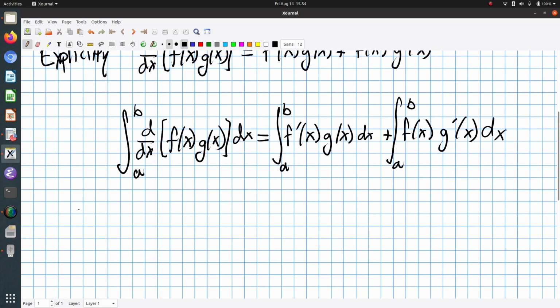Now when I do that, you'll notice right away that the left side here is the integral of a derivative. The fundamental theorem of calculus tells me exactly what this is. This is f of x times g of x, evaluated between a and b. This other side is the same, unchanged.